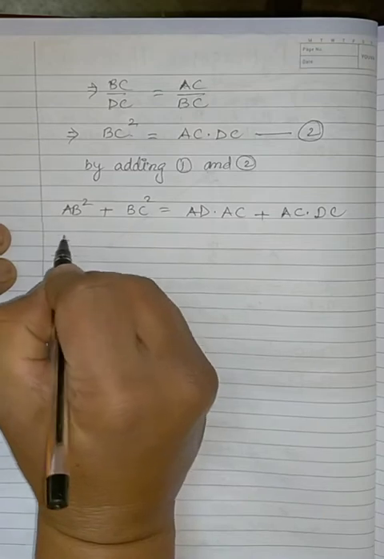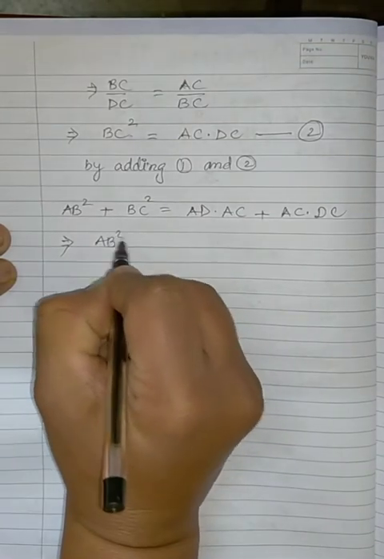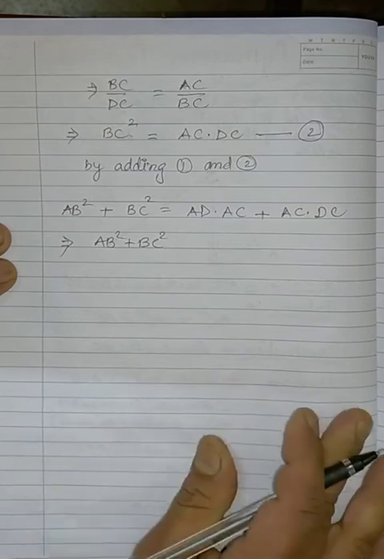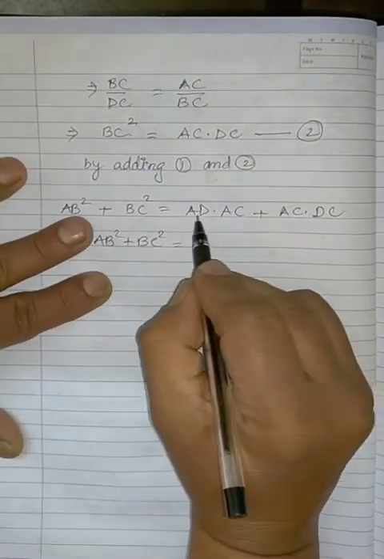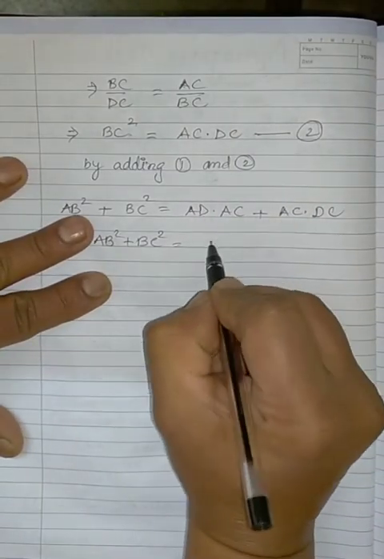So AB square plus BC square is equal to, now out of these two you can see here AC is common.